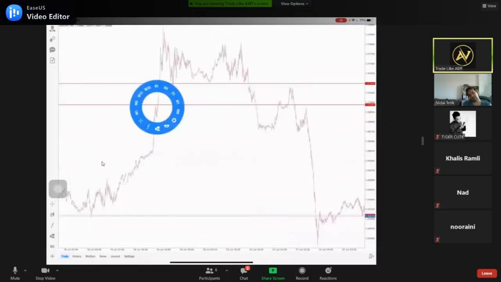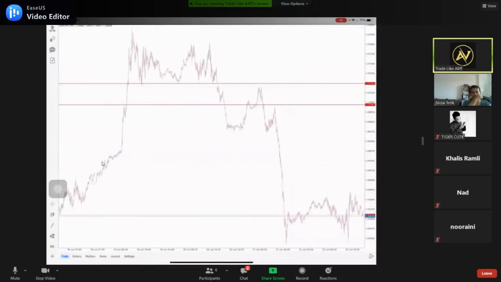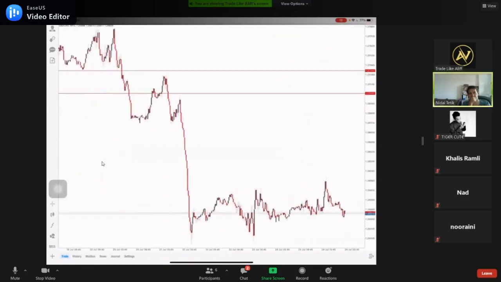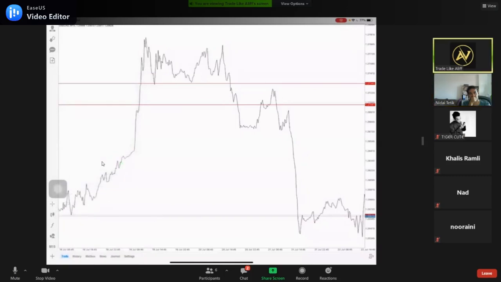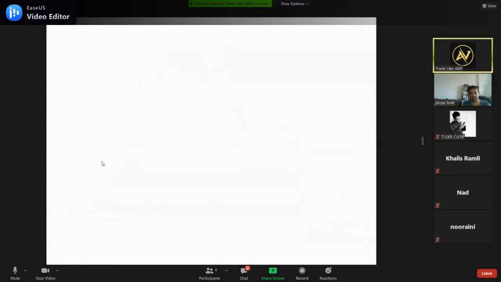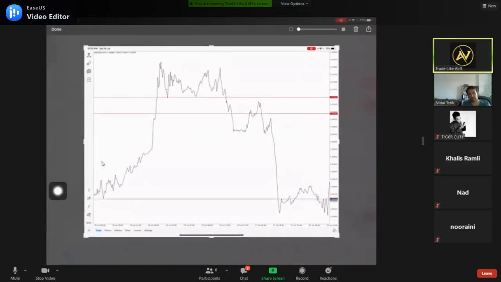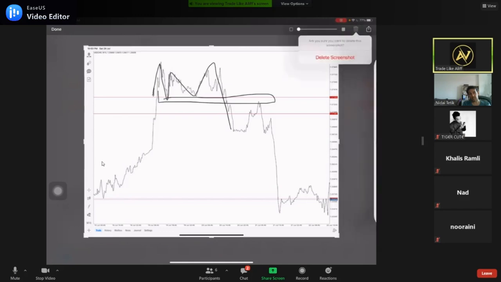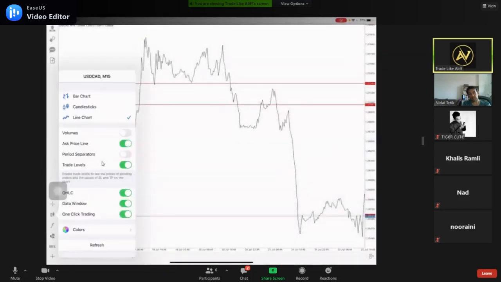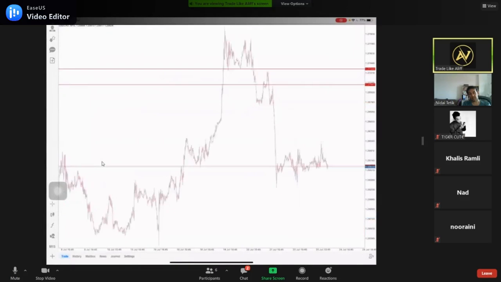Wait for the second break. Wait for the second breakout. See? This entry at the next breakout after. Done.